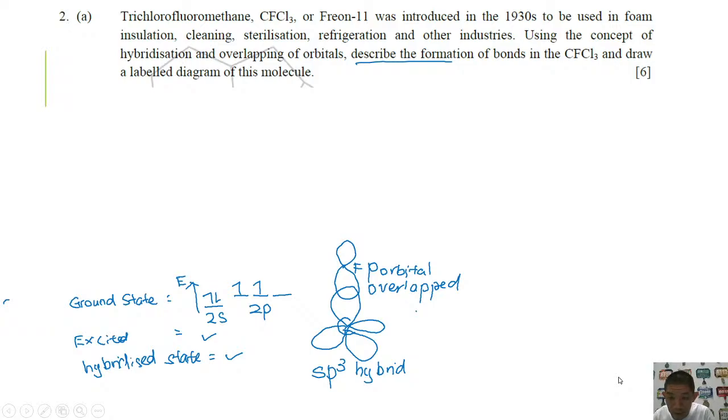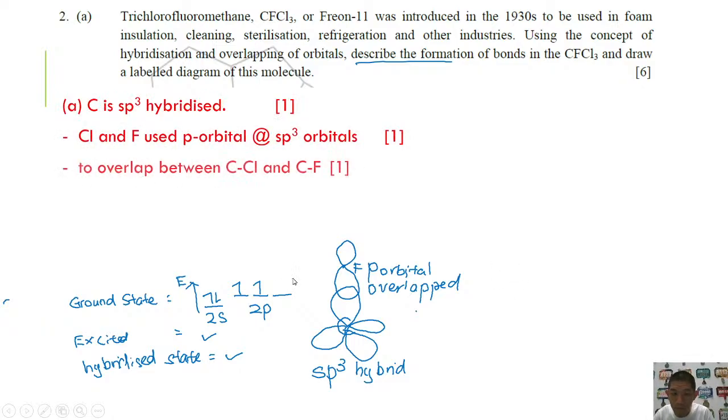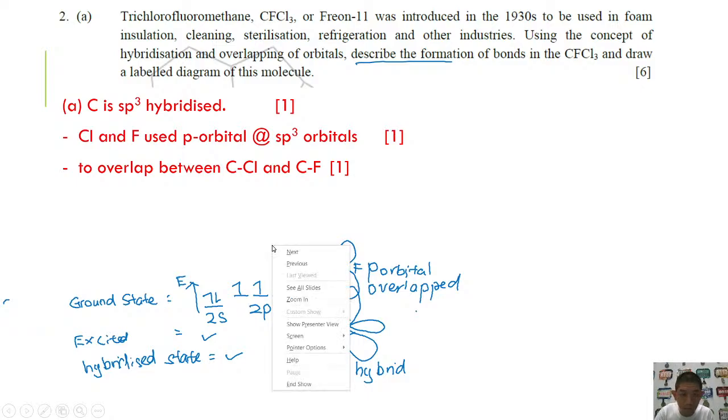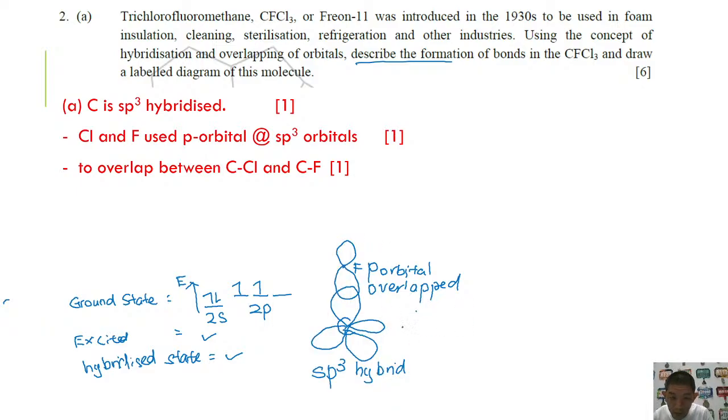I use different colors so that you can see what is going on here. Then you put chlorine, Cl, and fluorine, F, and Cl. And then you even draw the pair of electrons here, like this. Then you even put that this is a sigma bond.